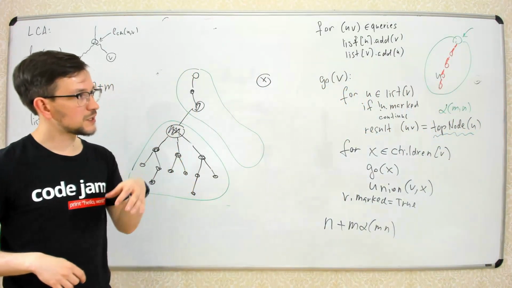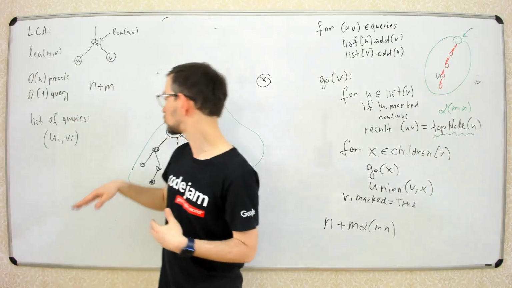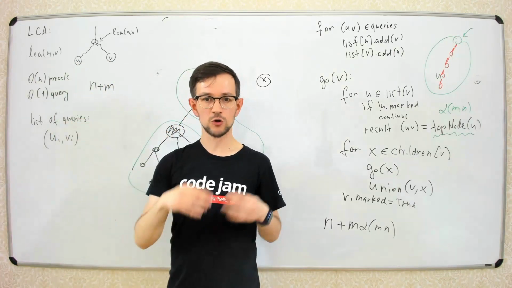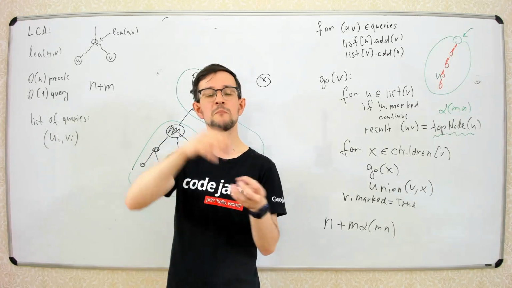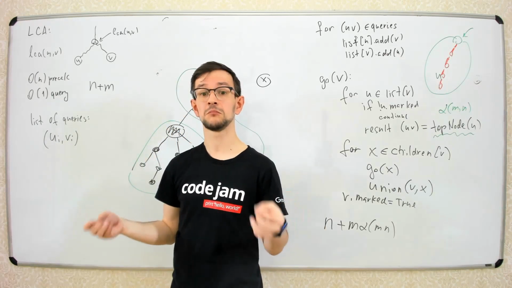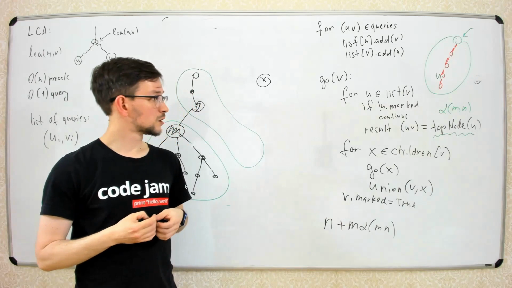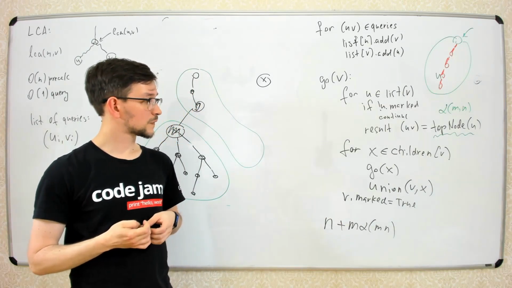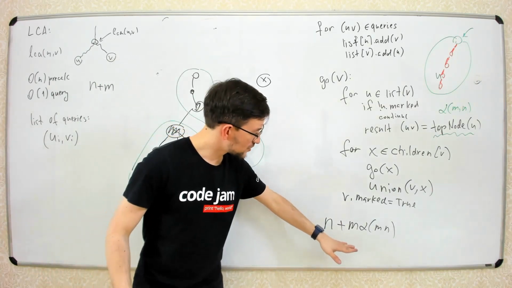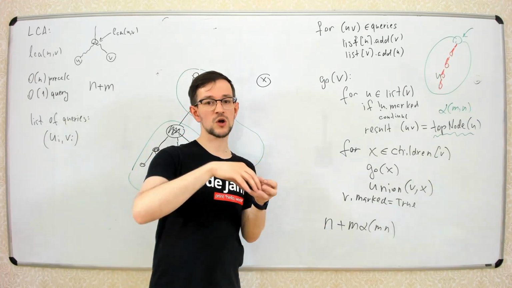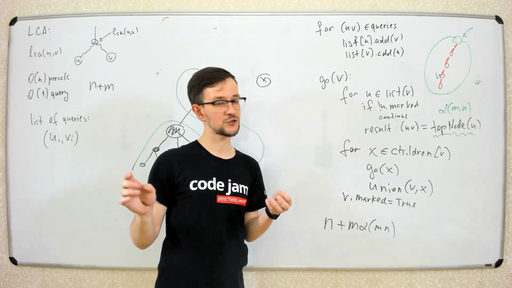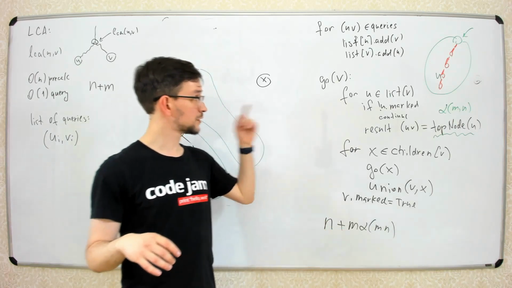Using this technique, you can not only calculate the LCA, but also calculate any associative function on the segments or paths in your tree. That's all. So in the end, you can calculate the LCA of any pair of nodes and also a function on any path in the tree in this time complexity using this Tarjan algorithm.